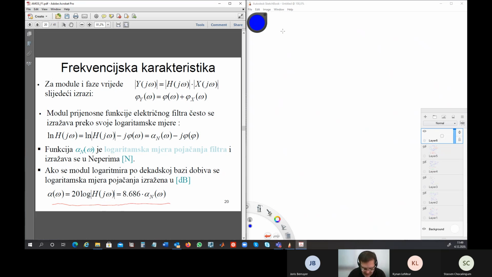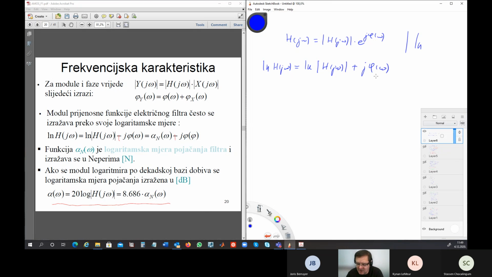So if we apply it on H of s, H of j omega, which is absolute H of j omega times exponent of j phi of omega, if we apply ln, then we have ln of the absolute value, plus, here comes plus, j phi of omega.